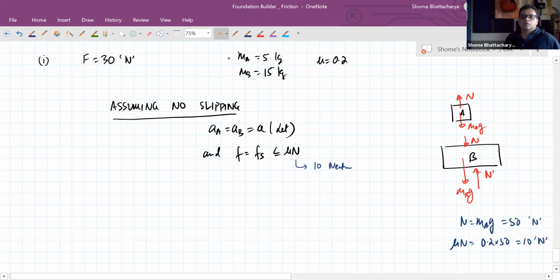Okay. Now, of course, we are applying some horizontal force here. So there's some kind of friction acting here and some kind of friction acting here.